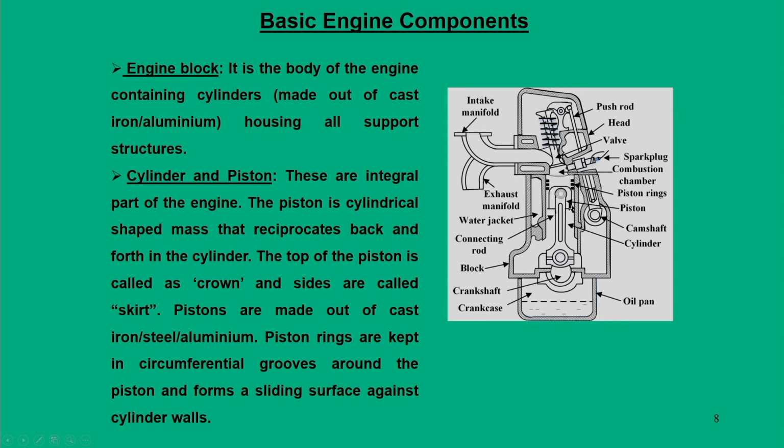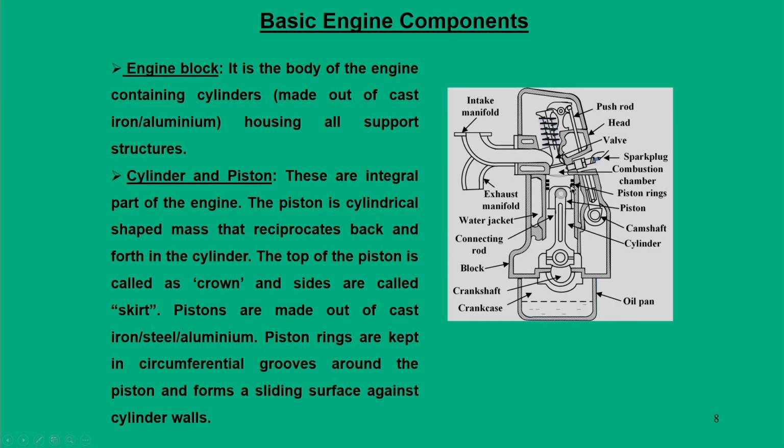If you look at the piston, it has an upper part which is called the crown, and a side part which is called the skirt. The piston movement within the cylinder has to be smooth, so piston rings are housed on its circumference.